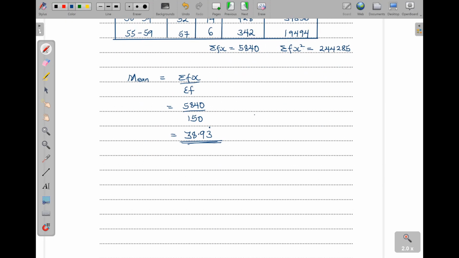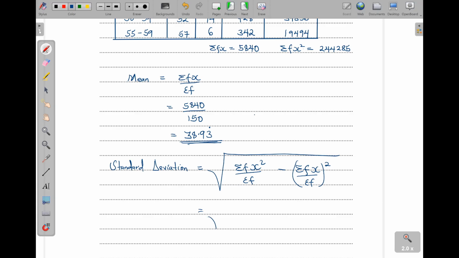Then next, standard deviation. Standard deviation is the root of variance. And what is variance? It is summation of fx squared out of summation of f, then minus summation of fx out of summation of f, in other words, the mean squared.